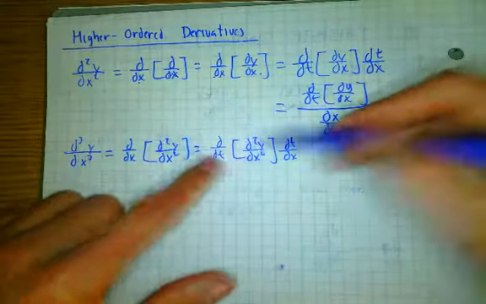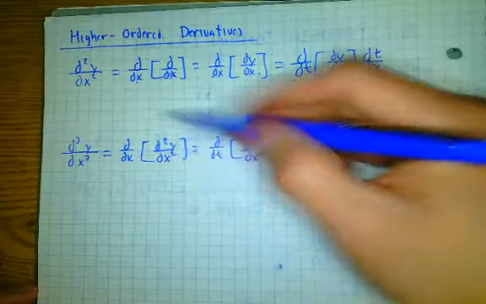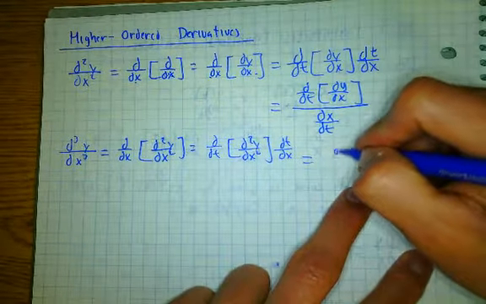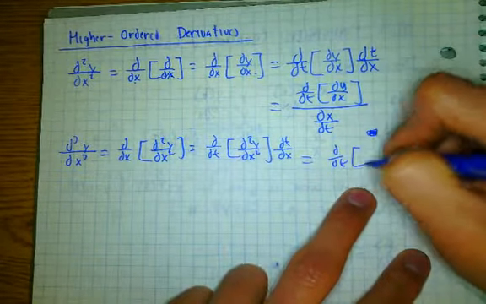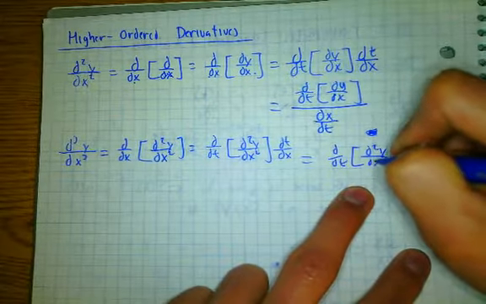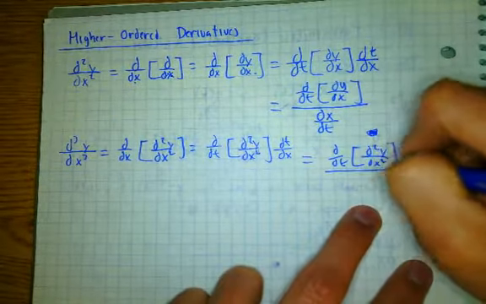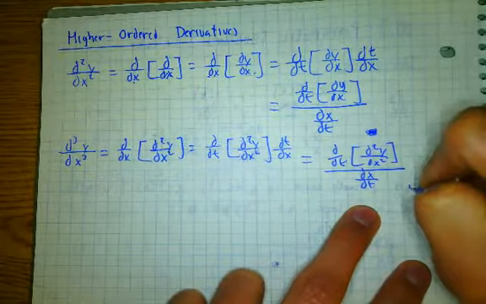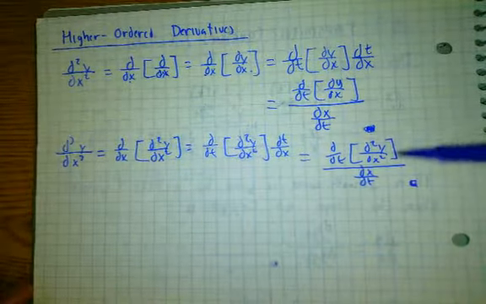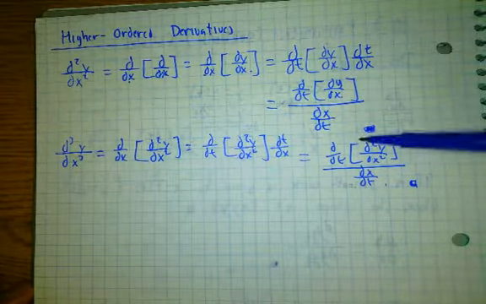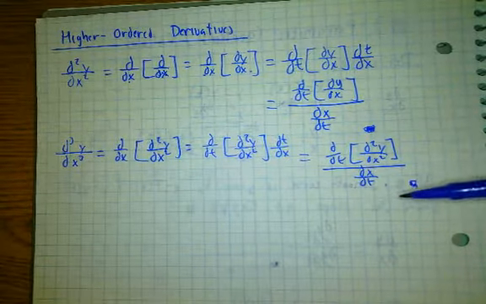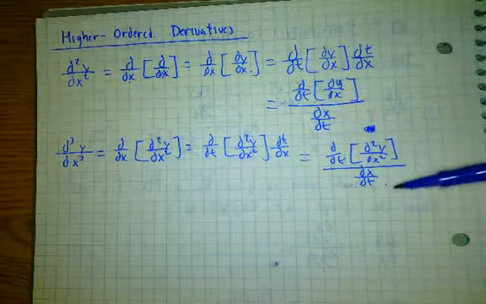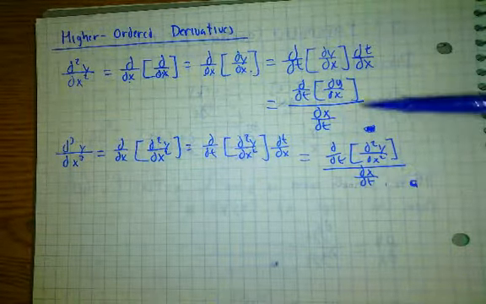I haven't changed anything, and therefore if we clean it up, we can say that the third derivative would be equal to the derivative with respect to t of the second derivative divided by the derivative of x with respect to t. As you can see, it's literally the same thing. So regardless of whether it's the first, second, third, fourth, fifth derivative, higher order derivatives, it's always going to have the same form. Just make sure that you maintain the order.